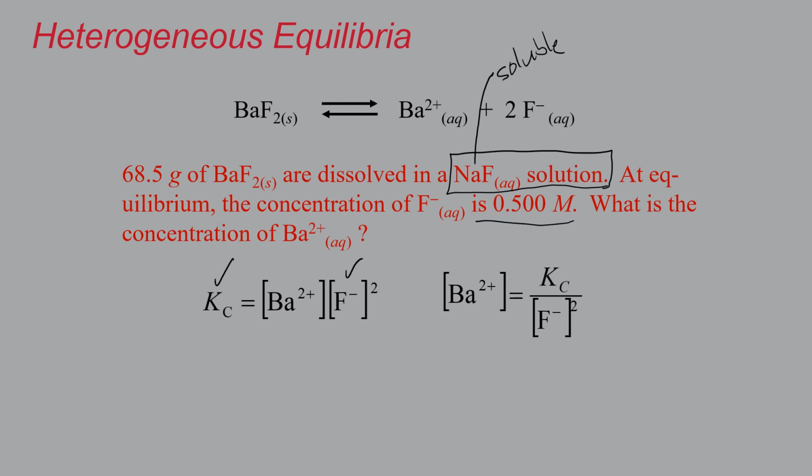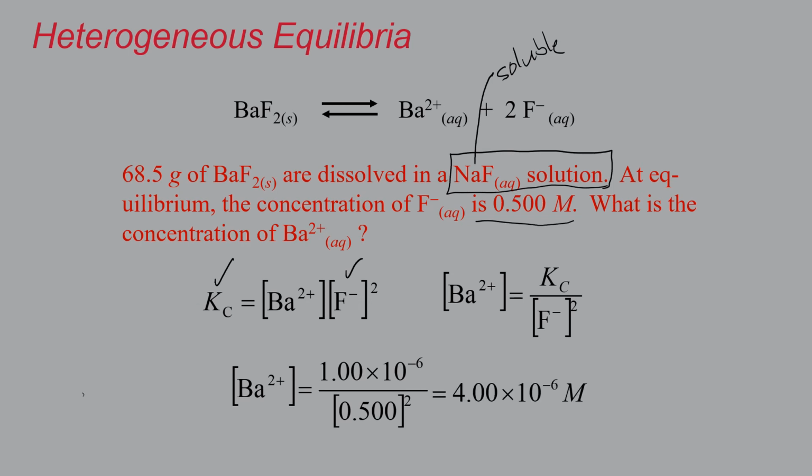So you've got barium concentration is going to be equal to the Kc divided by the fluoride concentration squared. And we know what that is. So we just use the Kc from the last example, 1 times 10 to the negative 6 divided by 0.5 squared. And that gives us an equilibrium concentration of 4 times 10 to the minus 6 molar.